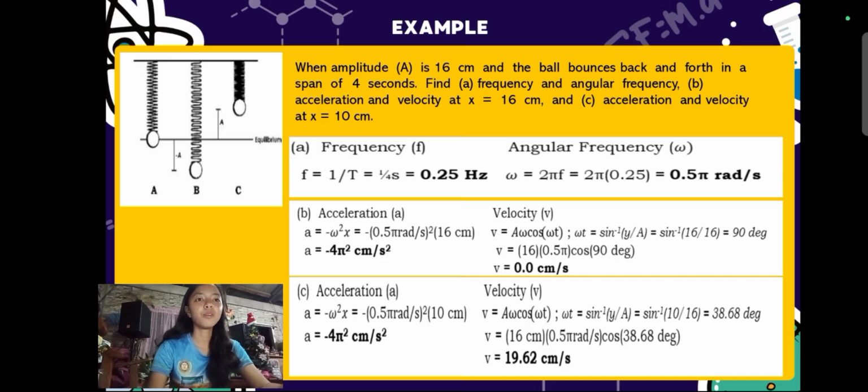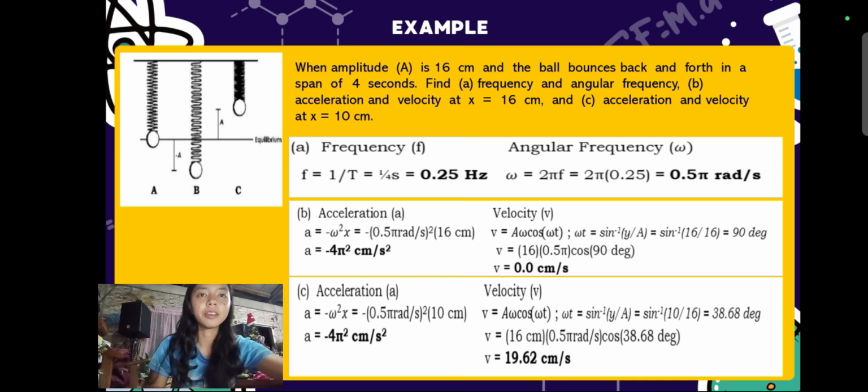Next we will find the angular frequency. So omega equals 2 pi f, so we have 2 pi times 0.25. We all know the value of pi is 3.14. So 2 times 3.14 times 0.25 is equal to 0.5 pi radians per second.